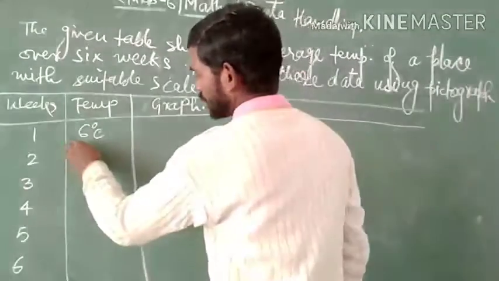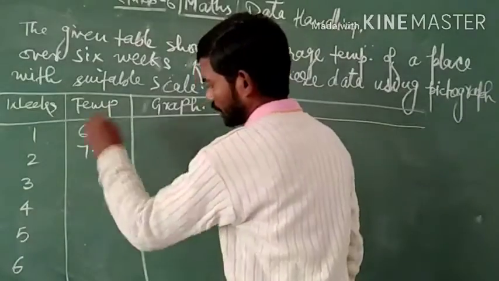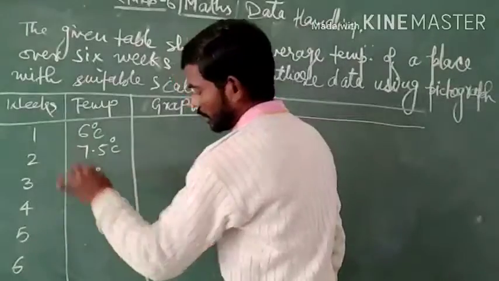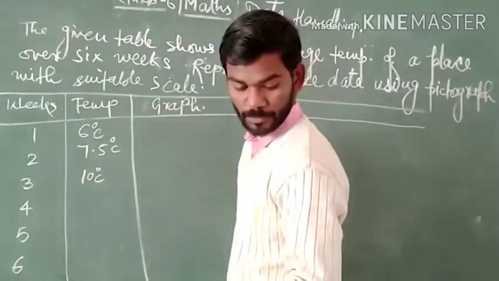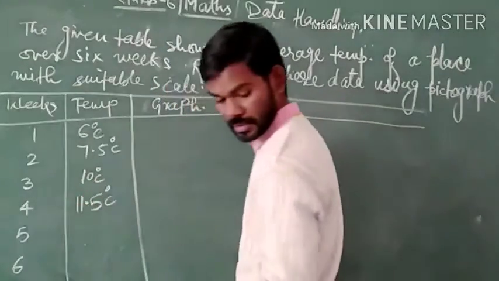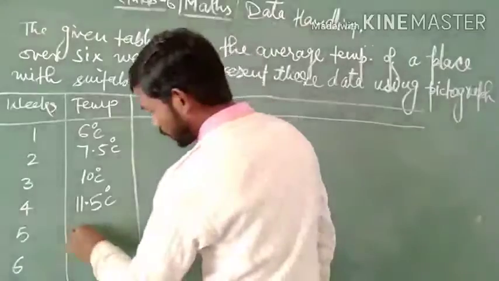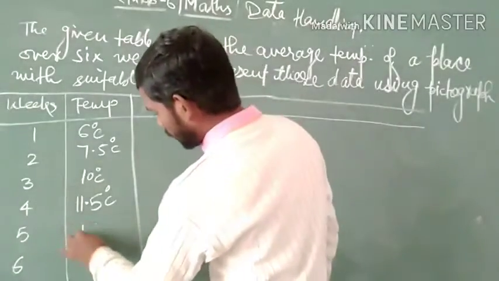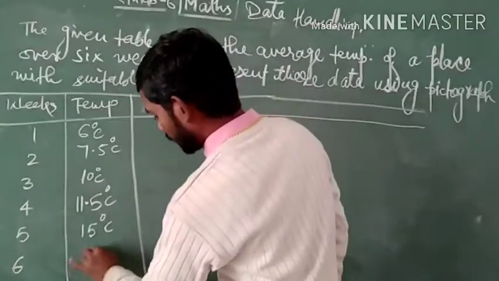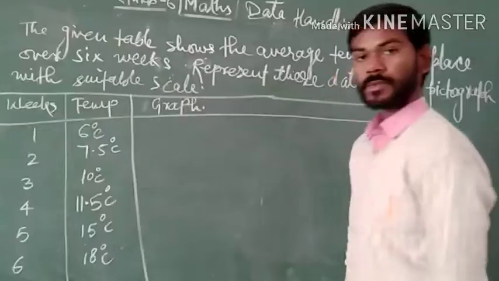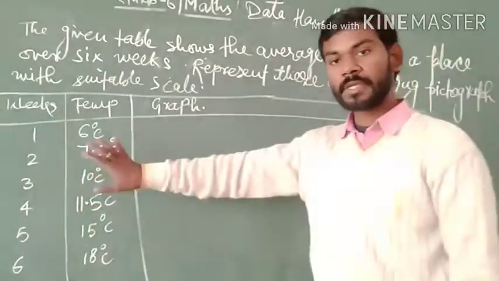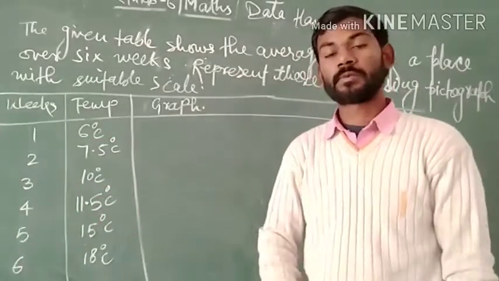In the second week is 7.5 degrees centigrade. In the third week is 10 degrees centigrade. In the fourth week is 11.5 degrees centigrade. In the fifth week is 15 degrees centigrade. And at the last is 18 degrees centigrade. So this table is given as a question and we have to represent these data using the pictogram.